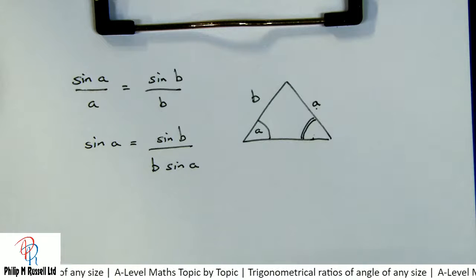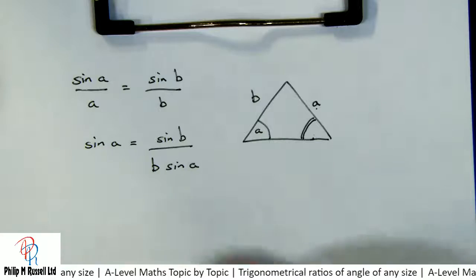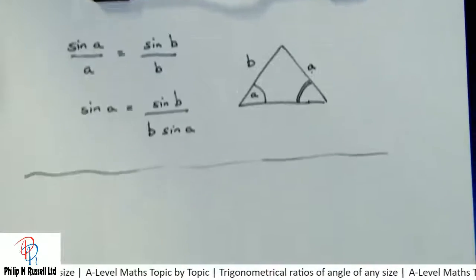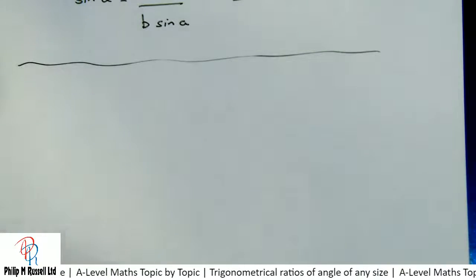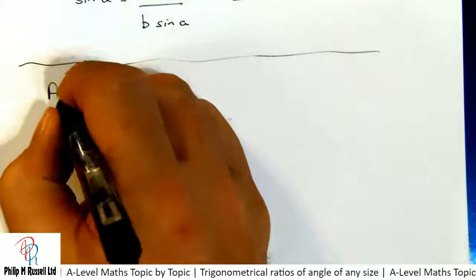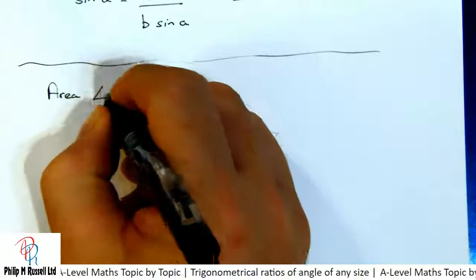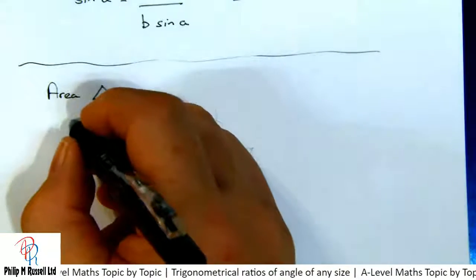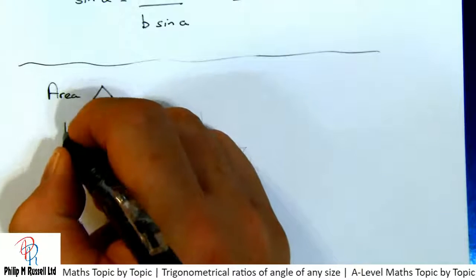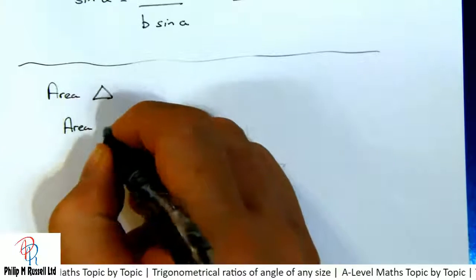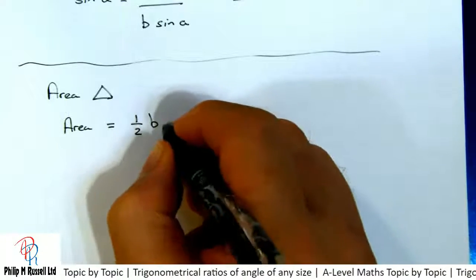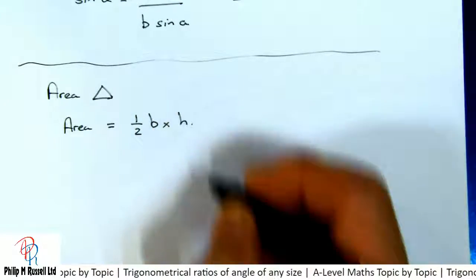So these we've met at GCSE, and the final bit that goes with this is to try and find the area of the triangle. And almost from junior school you'll have learnt that the area of a triangle is going to equal a half the base times the height.